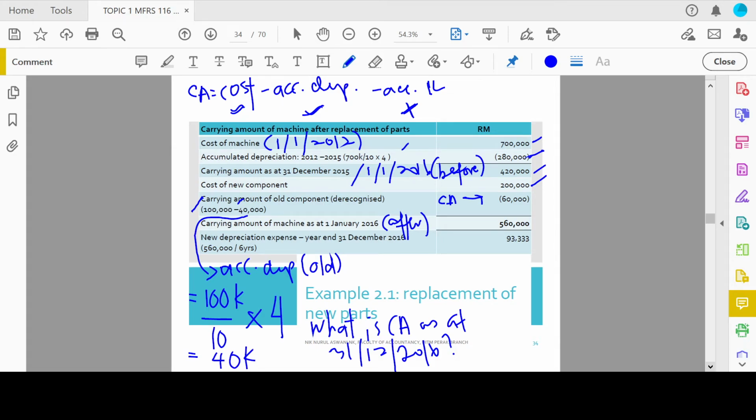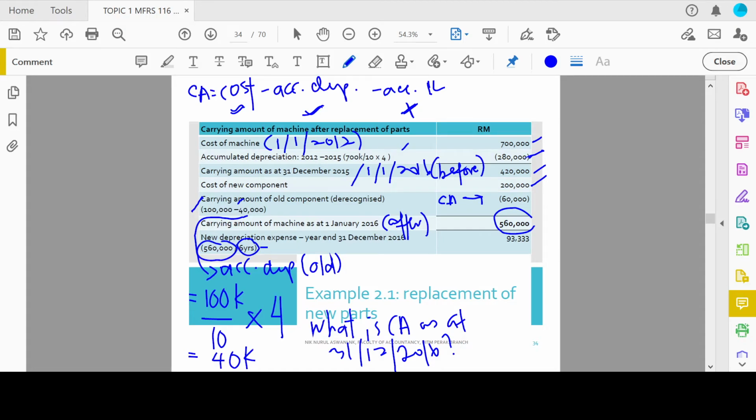And then we are going to minus the new depreciation expense. So for 6 years after that, assuming that there is no more replacement of parts, for 6 years we are going to deduct the new depreciation expense. How to calculate this one? You take the new carrying amount after the replacement took place, 560,000, and divide by 6 years.